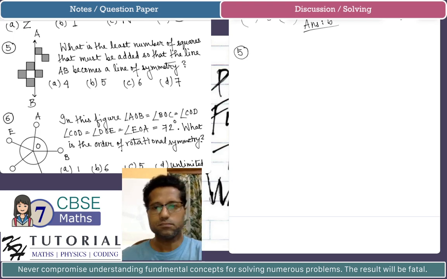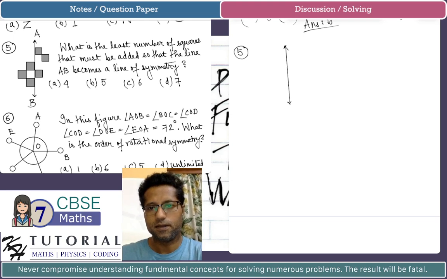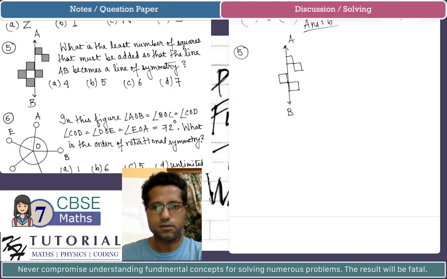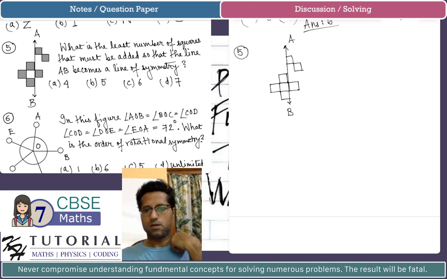Now, I'm not sure whether I will be able to replicate the figure. Let me try. So this is the straight line AB. There is one square, this one, and another square, this one, and another, and another.